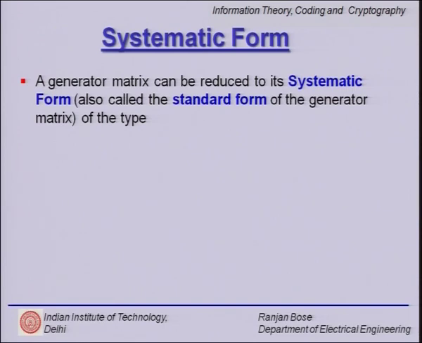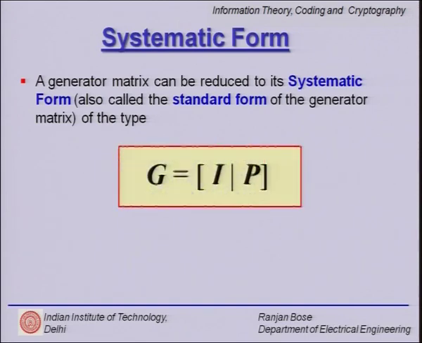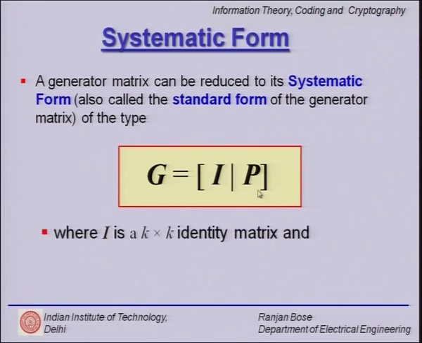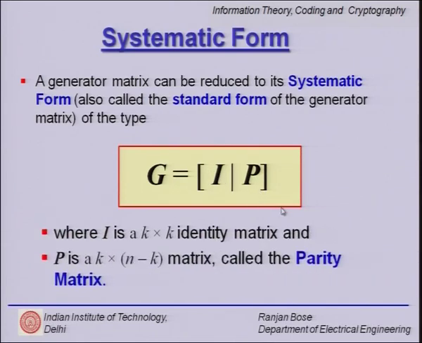A generator matrix can be reduced to its systematic form, which is also called the standard form, of the type G, partitioned into an identity matrix I and a matrix P which is called the parity matrix. So G, if you note, is k cross n and I is a k cross k identity matrix and P is a k cross n minus k matrix.